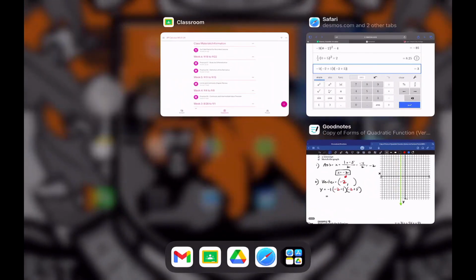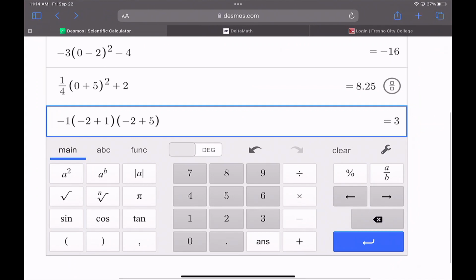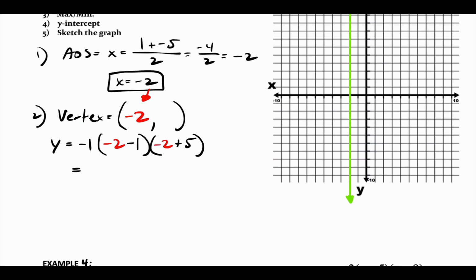Do that, right? Oops, so it'd be -1. -1. +9. So go up. 1, 2, 3, 4, 5, 6, 7, 8, 9.